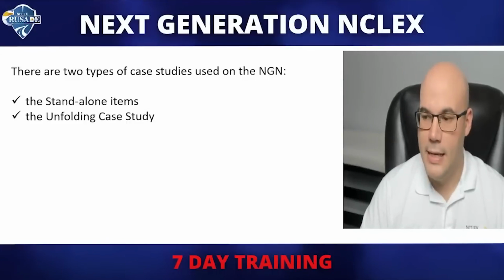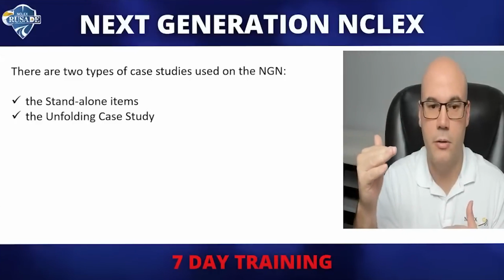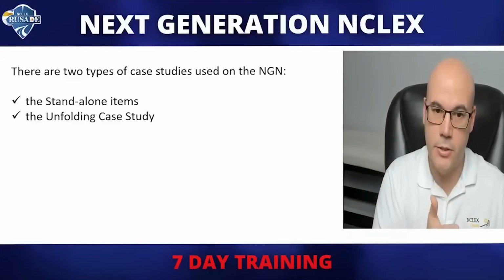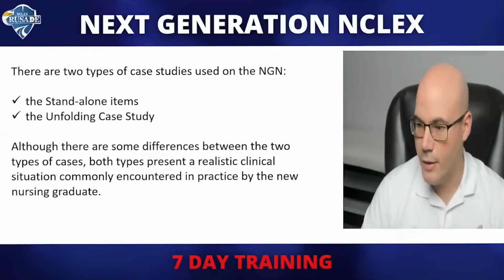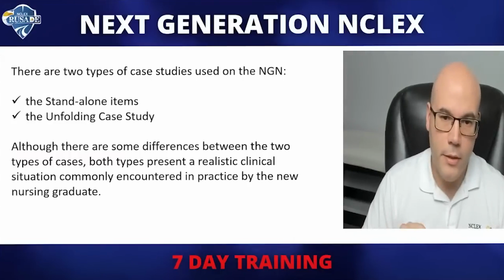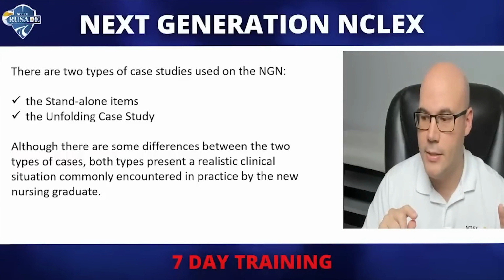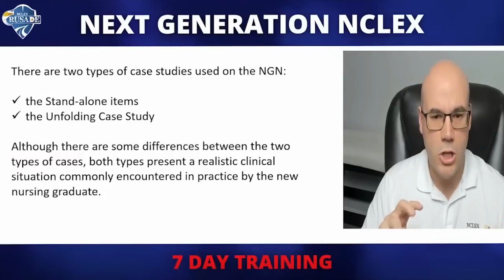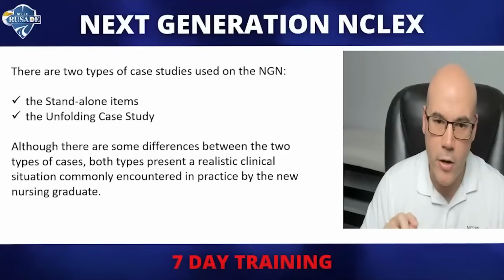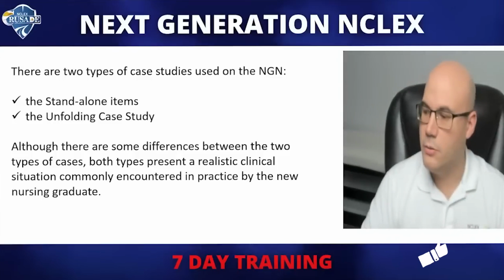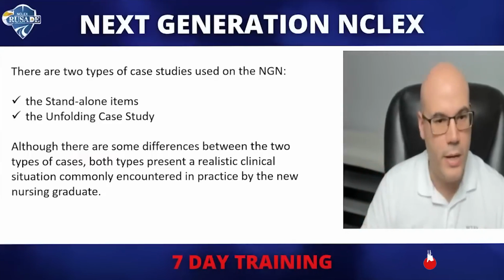So what are the two types? You're going to see a case study with a simple structure, the standalone, or the one I just mentioned that is unfolding, that goes from one end to the other end. Although there are some differences between these two types of cases, there are also some similarities, but the main focus is to present to the nurse a realistic clinical situation.